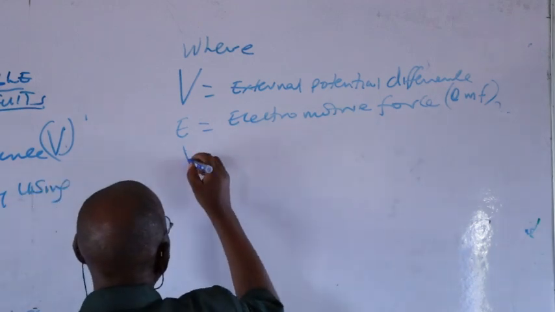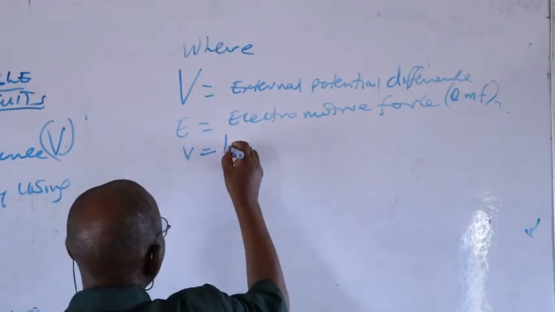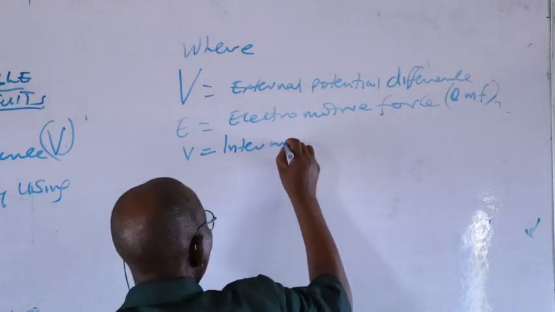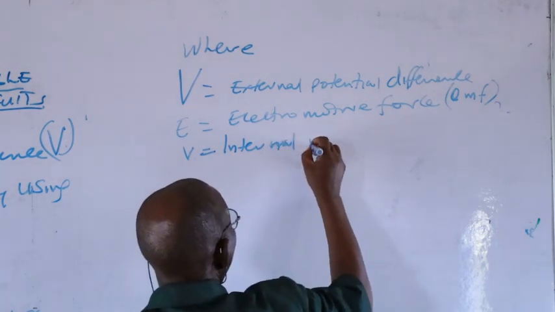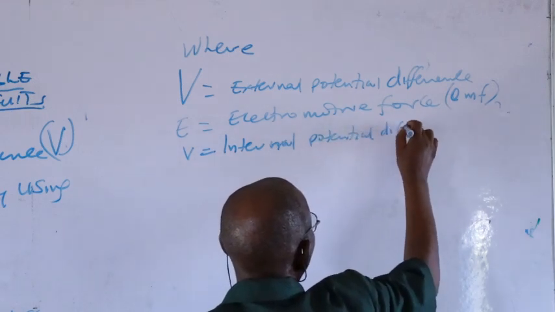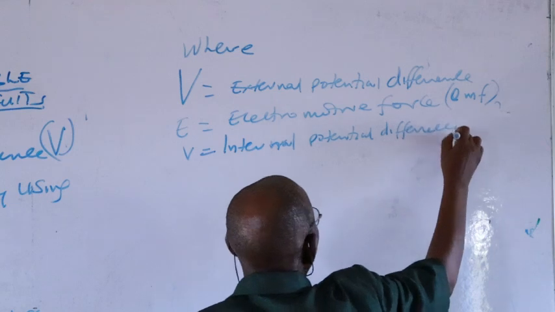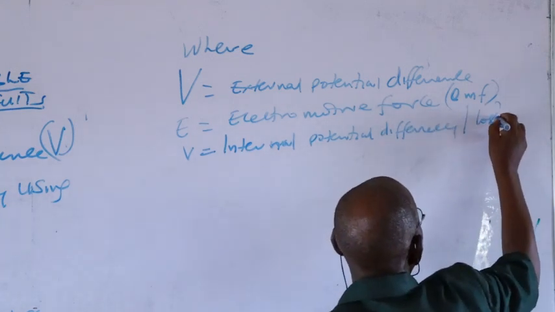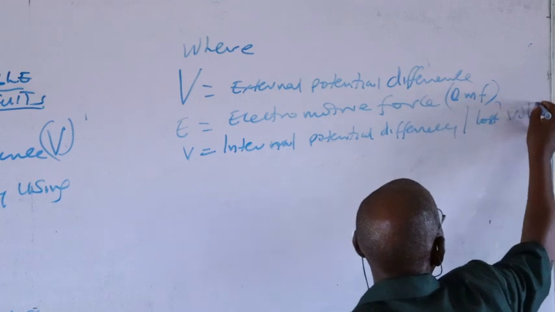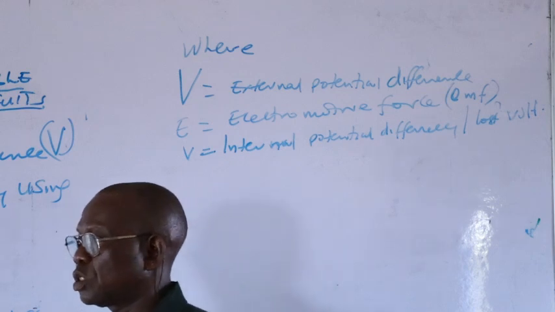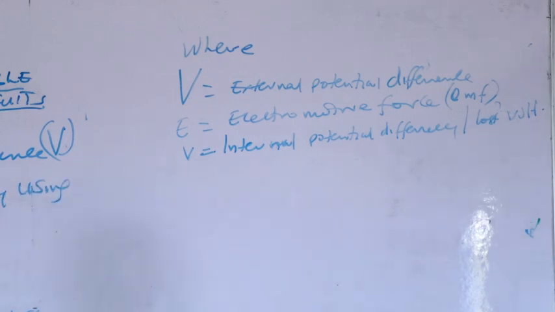Then small letter V is internal potential difference, which is also known as loss volts. We also refer to it as loss volts. Internal potential difference or loss volts.